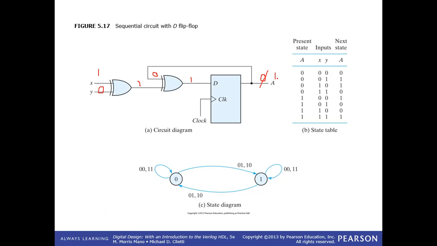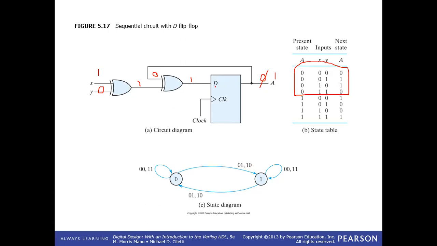Yes. So the A is going to be equal to 1. So from 0 state to 1 state, we are going through the 1, 0 and the 0, 1 input variables. Is this clear? Yes, sir. So we have discussed these 4 cases of this sequential circuit with D flip-flop.